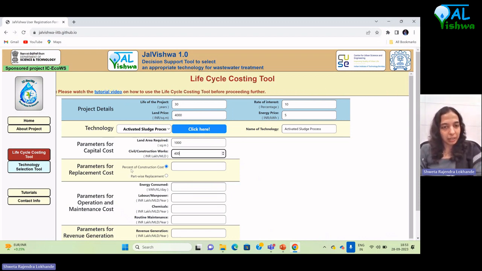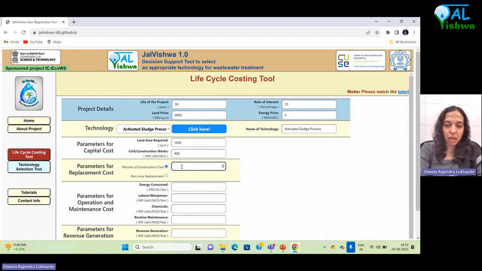Typically, these are considered as a percentage of the construction cost. And alternatively, part-wise replacement can also be adopted, which I will show later. So let's say for activated sludge process, after 15 years, around 30% of the capital cost is what will be required to replace the components.